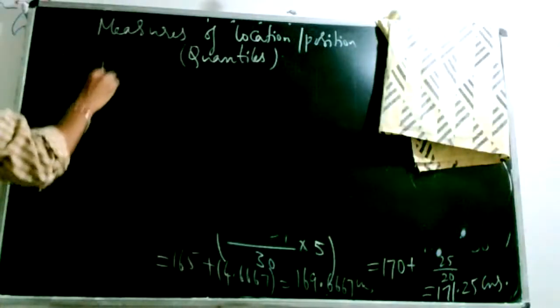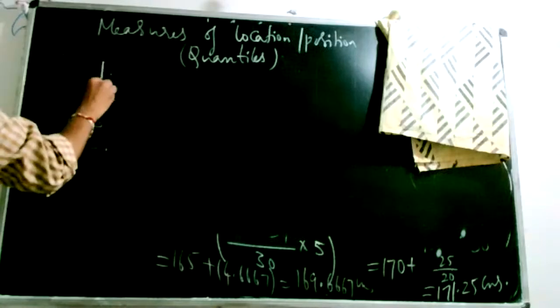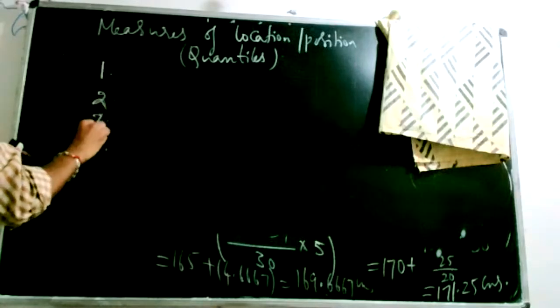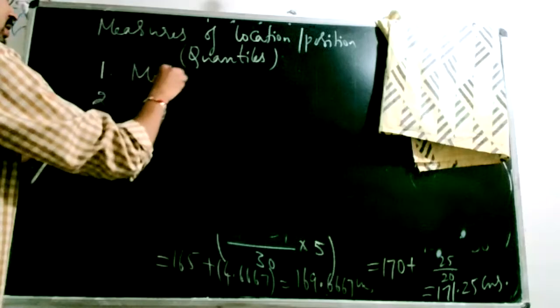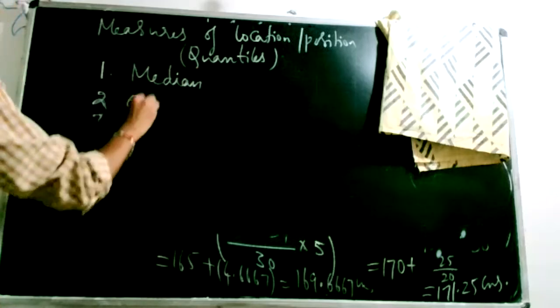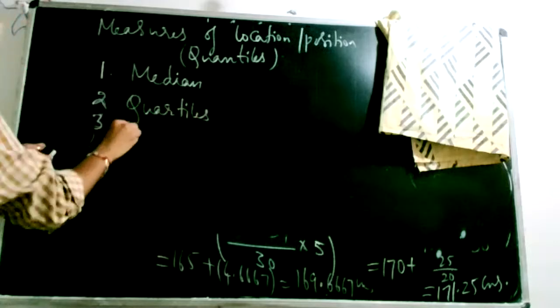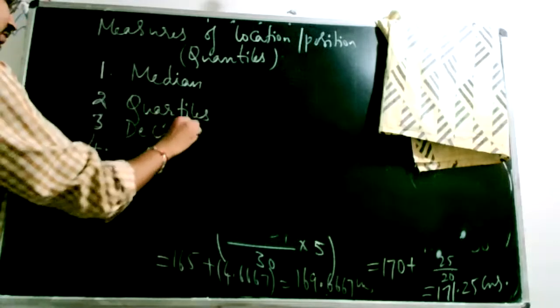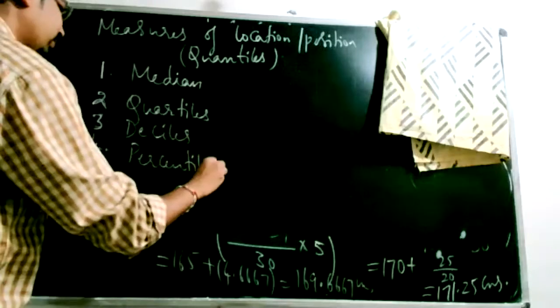There are many such cases. We could divide the distribution into many equal parts, of which the commonly used are the median, which divides the distribution into two parts. Then we have quartiles, which divide the distribution into four parts. Similarly, we have deciles as well as percentiles.